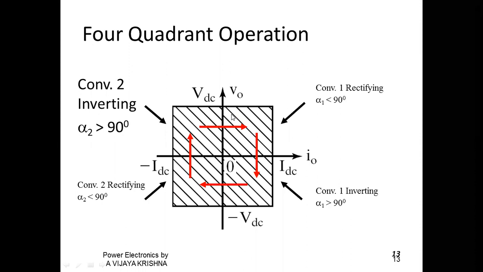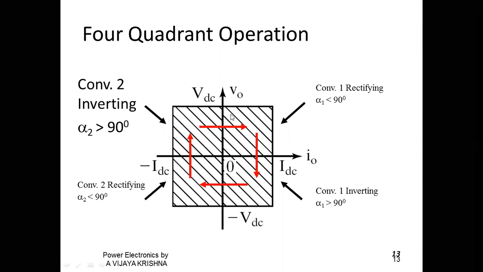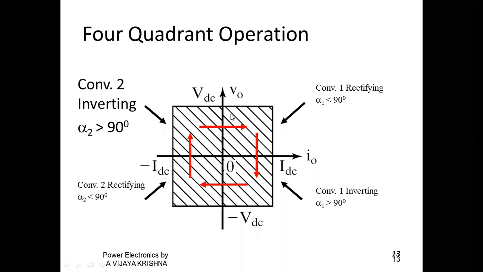The source is giving the AC supply voltage, and by rectifying with a firing angle alpha less than 90 degrees, the output is DC. Therefore, the load is getting the DC supply, in this region.